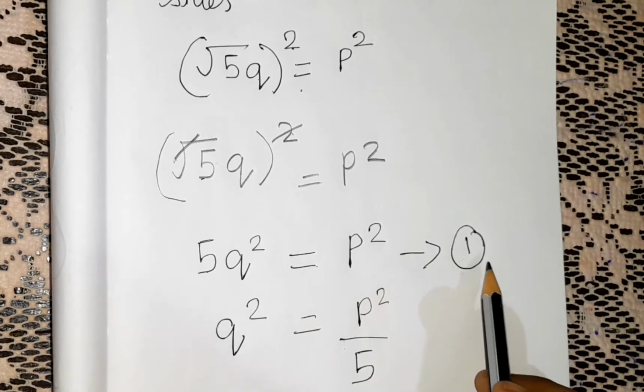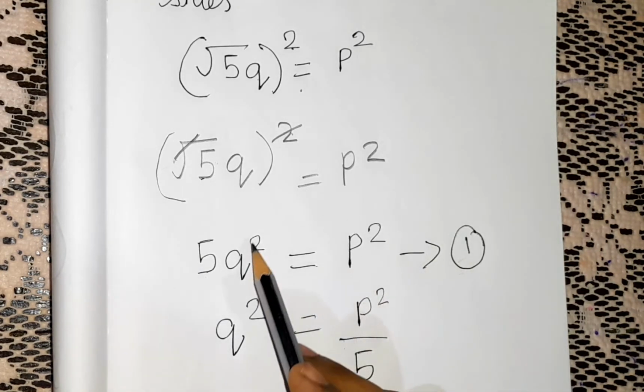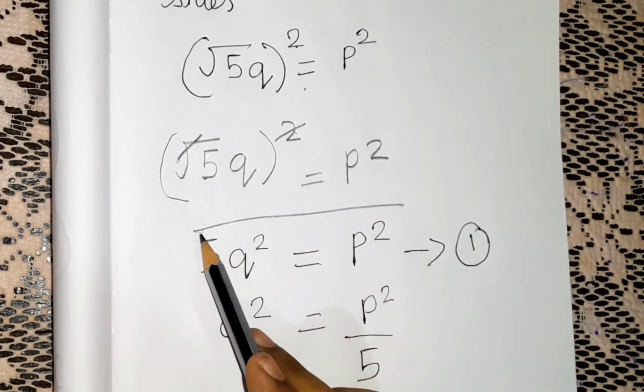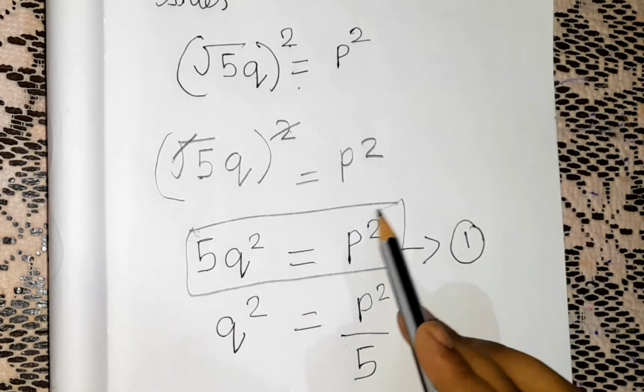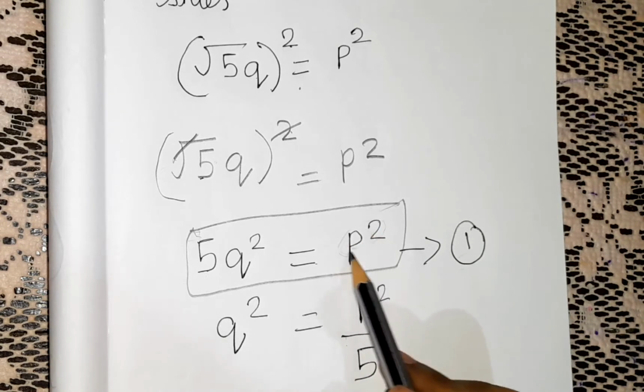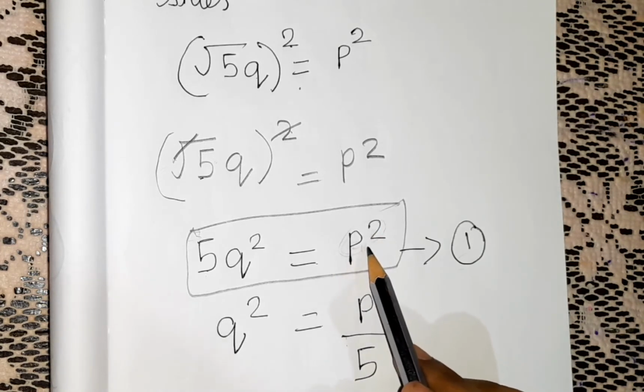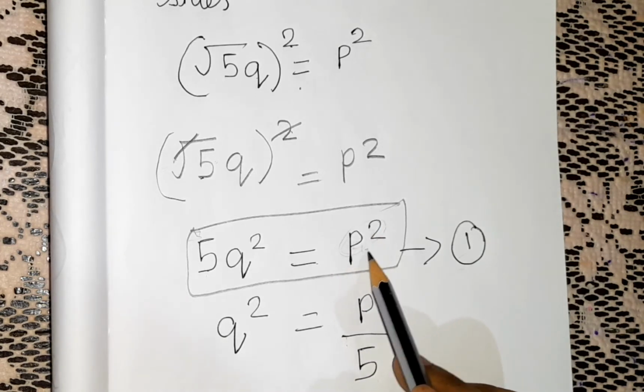In this equation 1, we are going to write this form, that is 5q square is equal to p square. Wherever we have p, instead of writing p square, we are going to write 5a the whole square.